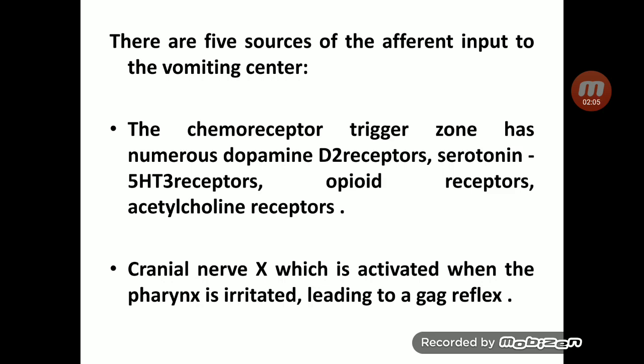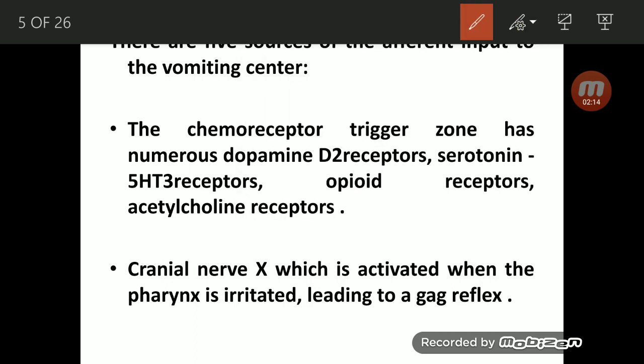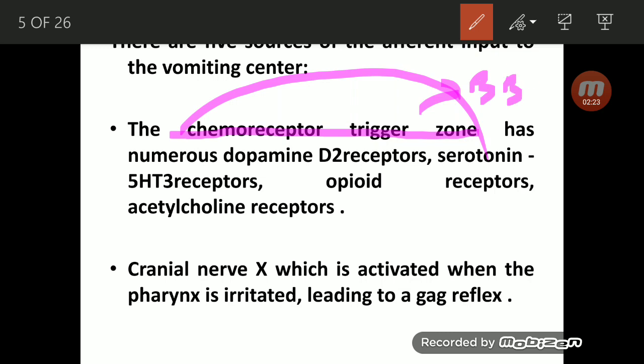Generally there are five sources from which you get an input into your vomiting center. First and foremost, the first one is your chemoreceptor trigger zone. This chemoreceptor trigger zone is present outside your blood brain barrier.